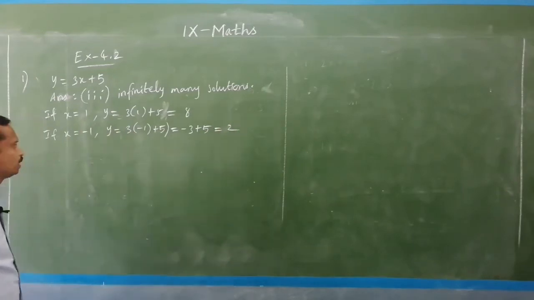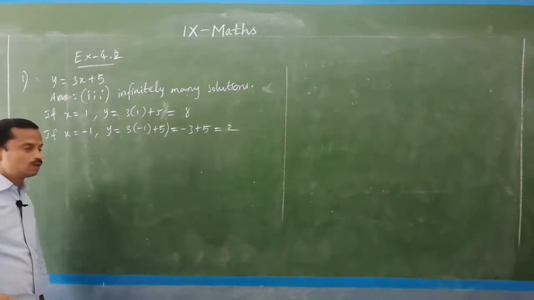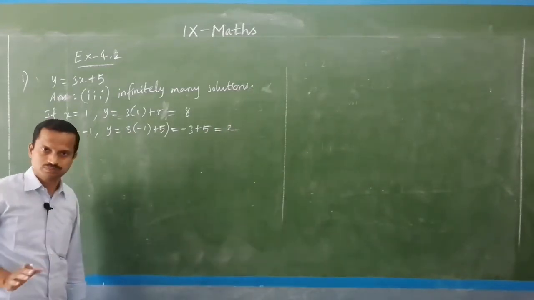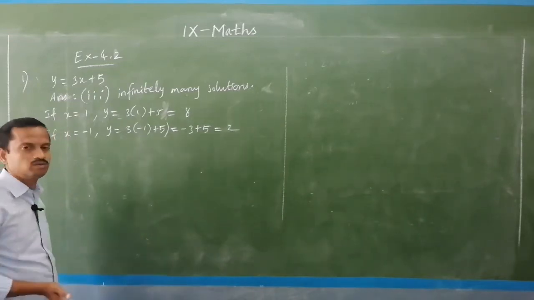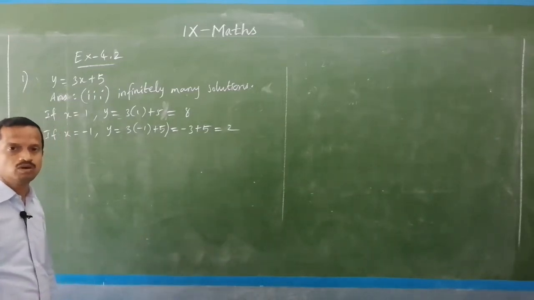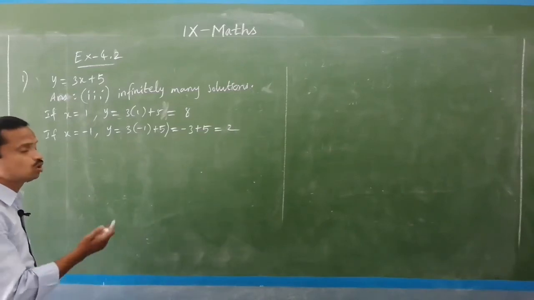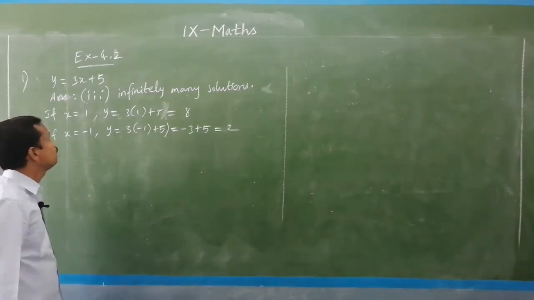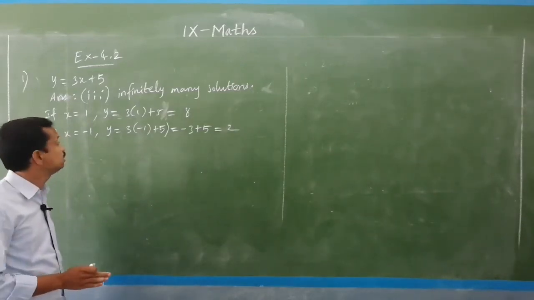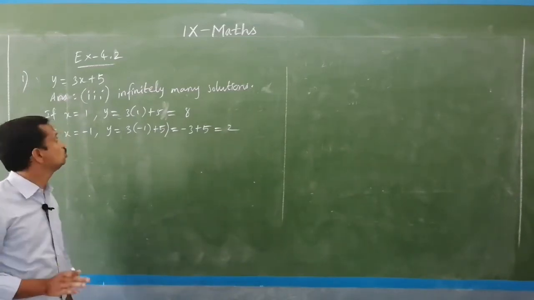So, like that, when x varies, y also varies. For different values of x, you get different values of y. So, it is not unique. So, easily you can say the equation has infinitely many solutions.